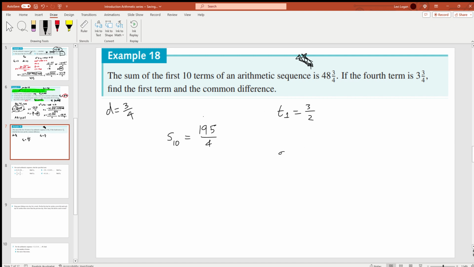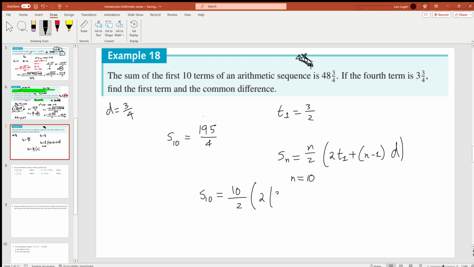So S of n is n on 2 times (2 times the first term plus (n minus 1) times d). I'm going to plug all this information in, with n equal to 10. So S of 10 is 10 over 2 times (2 times 3 on 2 plus (10 minus 1) times 3 on 4).